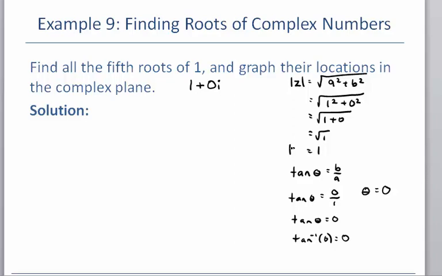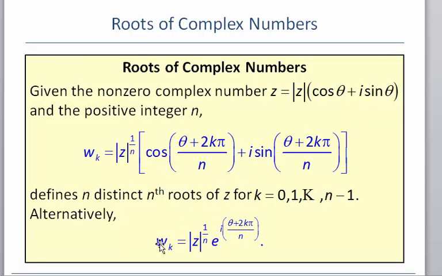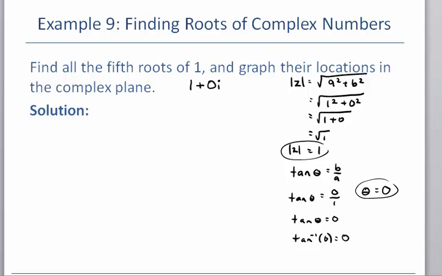Okay, so with that said, let's go ahead and write our formula down and start plugging our values in. Now I'm going to use, for this problem, the more simplified version of the formula, which is this part at the bottom. And I'm going to jot it down on the next slide for us so that we can reference that.